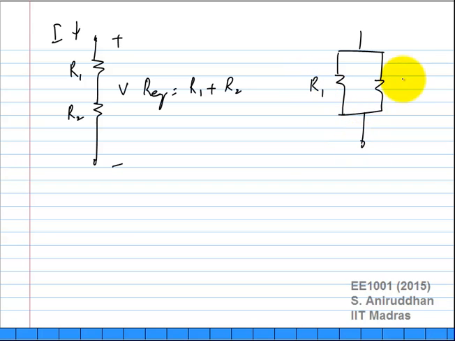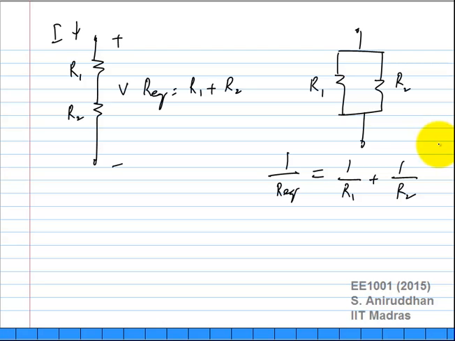Similarly, you have R1, R2 in parallel. So the equivalent resistance, the better way to do this is, the inverse of the R equivalent is 1 by R1 plus 1 by R2. Similarly if you have a third element, fourth element in parallel, you can just extend this further.